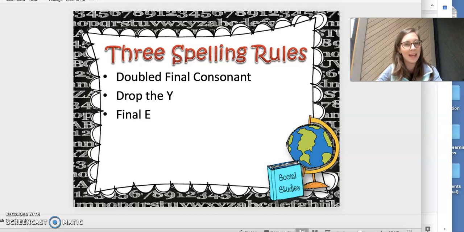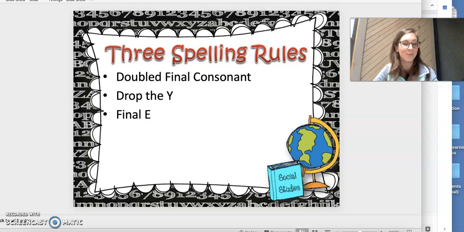So before you add the ER or EST ending, you need to double it. And that, as you hopefully know, is the same as when we add the ED and ING ending. The second spelling rule is if the adjective ends with a Y and there's a consonant before the Y, you need to drop the Y and change it to an I before you add ER and EST.